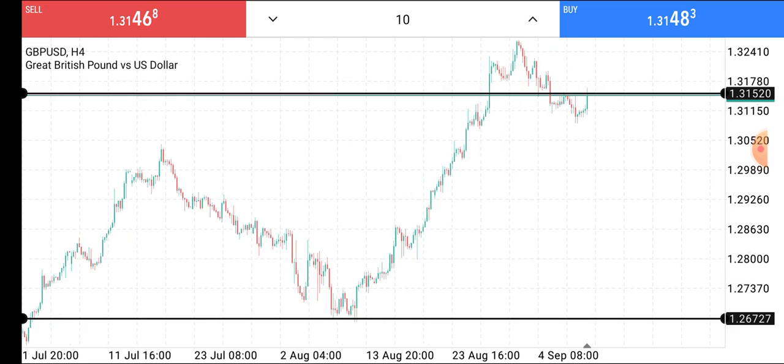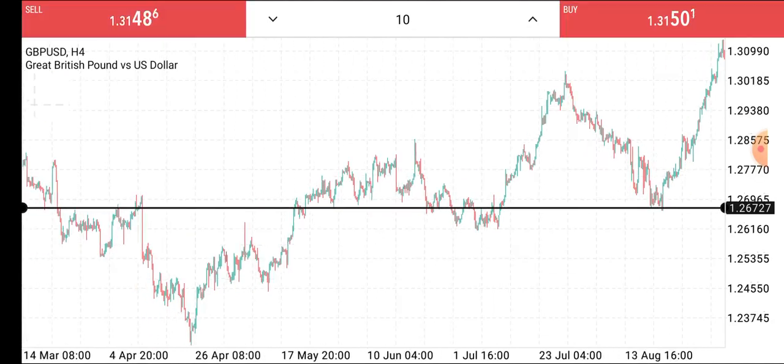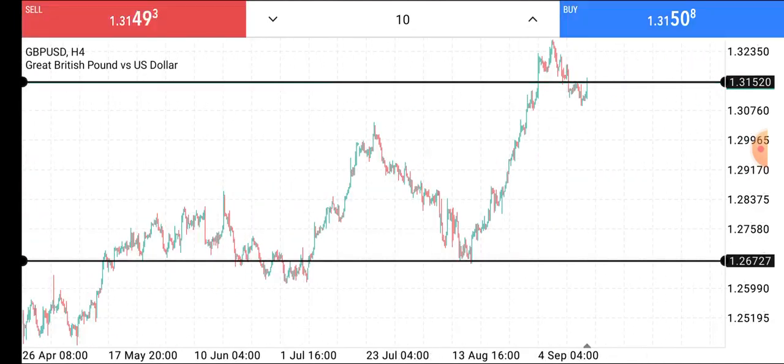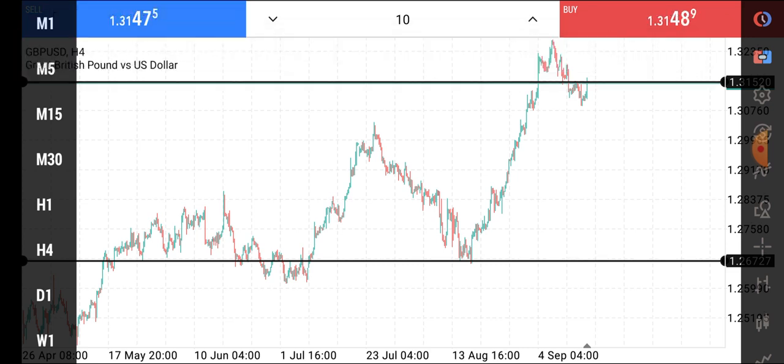So from the H4, what I can see here is there is actually a change of character, just as expected. The market broke above that level.